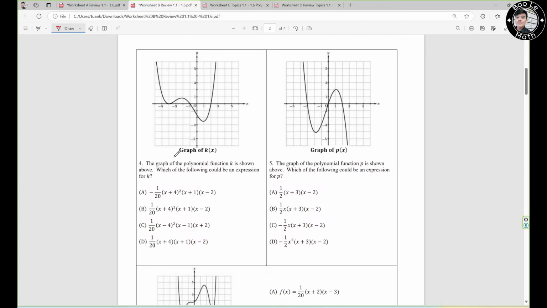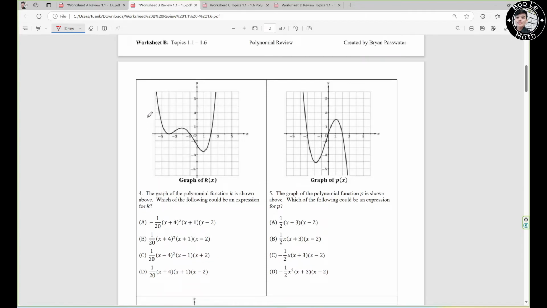Number 4, the graph of the polynomial function k is shown above. Which of the following could be an expression for k? We need to know that this end and this end have the same end behavior, which means the degree must be even.